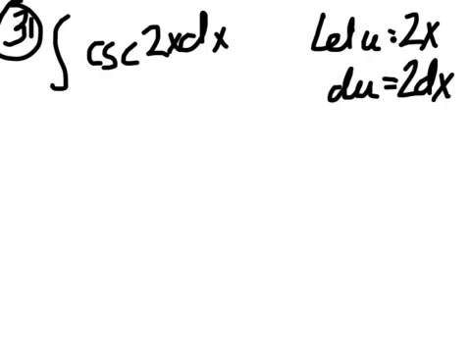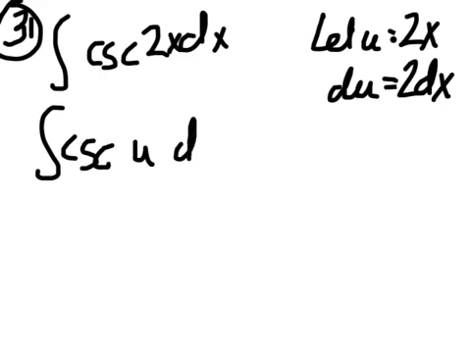So if I want to get 2 dx, this would be cosecant u, and in order to get the 2 here, right now I've just got dx, and I need the 2 dx. So I'm going to put the 2 in here with it, and I'll multiply by a half out front, so I really haven't changed the value at all.